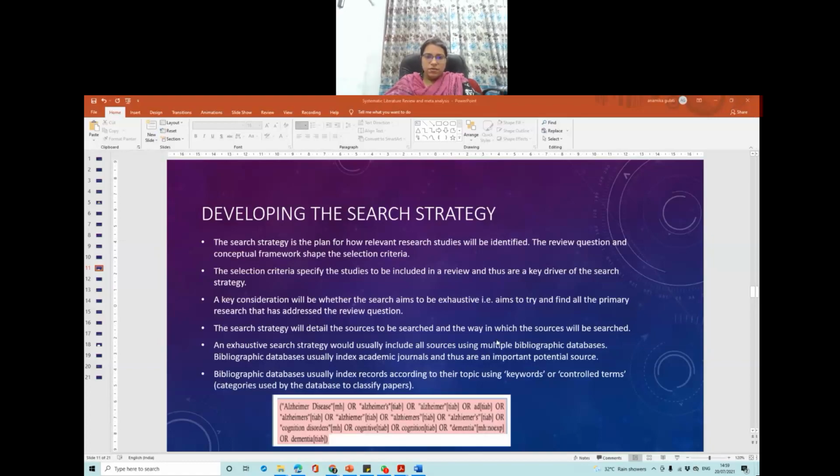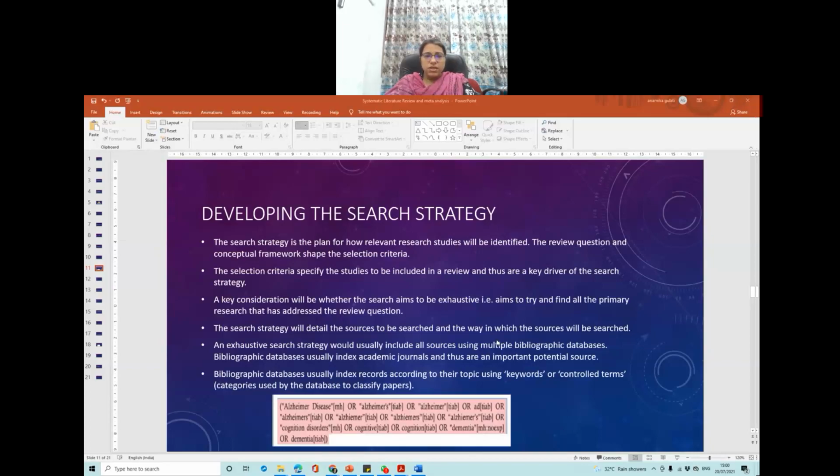So technology and education would be subject-specific terms, whereas the word and is a Boolean term which will be included in the search strategy to specify to include only those studies which have both these terms included as the indexed term. So the search strategy is the plan for how relevant research studies will be identified.